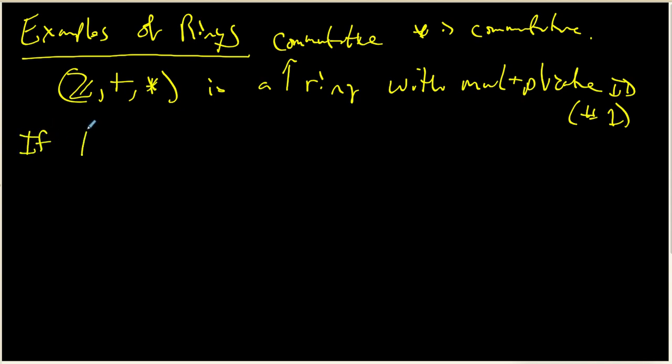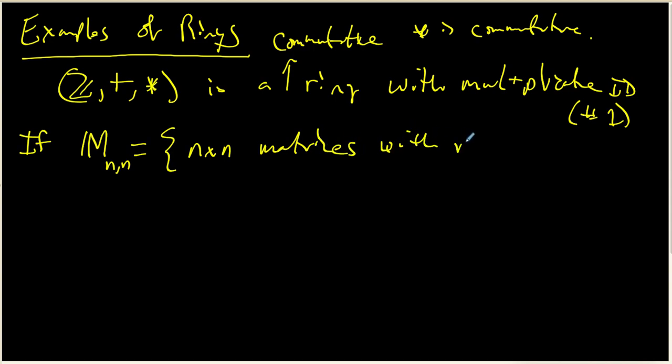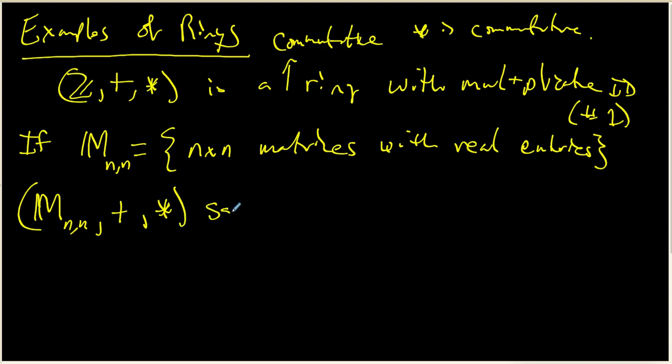If I let M_n be the set of n by n matrices with, let's say, real entries, then if you go back through a linear algebra book, you find out that the set of matrices under matrix addition and matrix multiplication satisfies all 6 ring axioms.